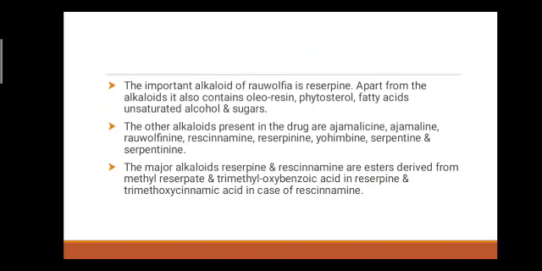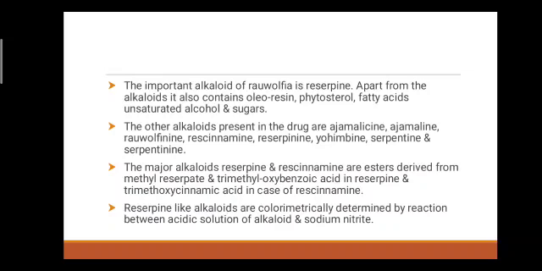The major alkaloids, reserpine and rescinnamine, are esters derived from methyl reserpate and trimethoxybenzoic acid in reserpine and trimethoxycinnamic acid in case of rescinnamine. Reserpine-like alkaloids are colorimetrically determined by reaction between acidic solution of alkaloid and sodium nitrite.